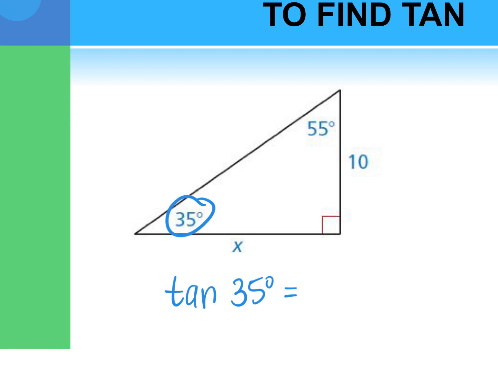What ratio can we set up in this triangle that involves tangent? 10 over x. How'd you get that, Christian? The angle, the side opposite the angle, and the adjacent that is not. Very good. The side opposite the angle, which was 35, so we put 10 over the x value, because that's the adjacent leg.